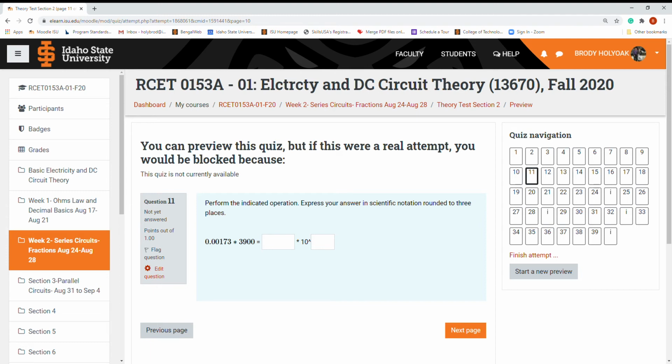So 3,900 multiplied by 0.00173 gives me an answer of 6.747. I would keep it in 3 decimal places. So, then in this case, is that in proper scientific notation?